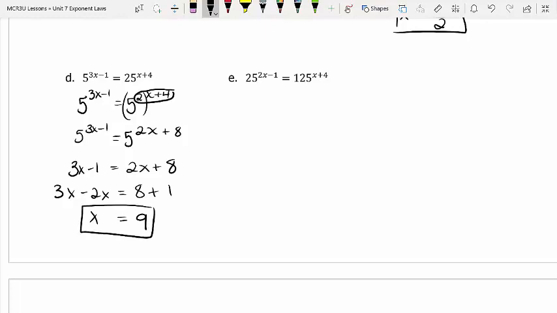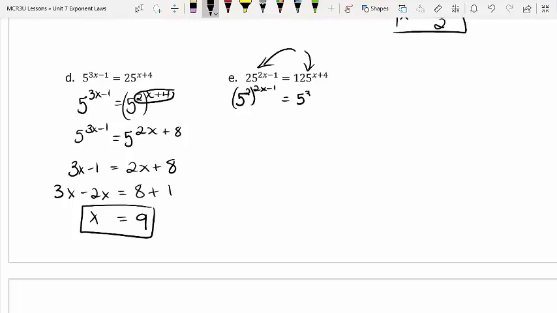Okay, let's try this one. So I can't convert 125 into an exponent with a base of 25. So let's convert both into exponents with base of 5. So 25 is the same as 5 squared. So I'm going to replace the 25 with 5 squared. And 125 is the same as 5 cubed.